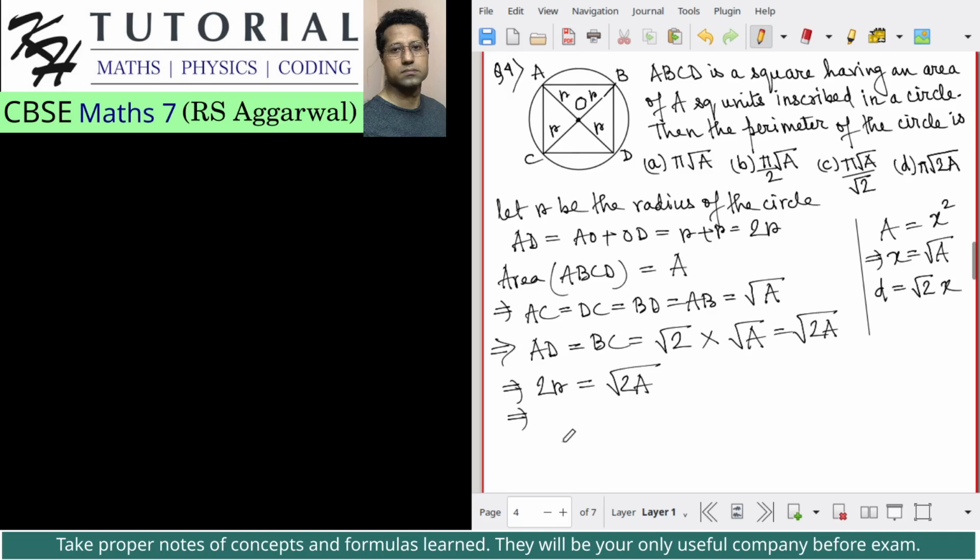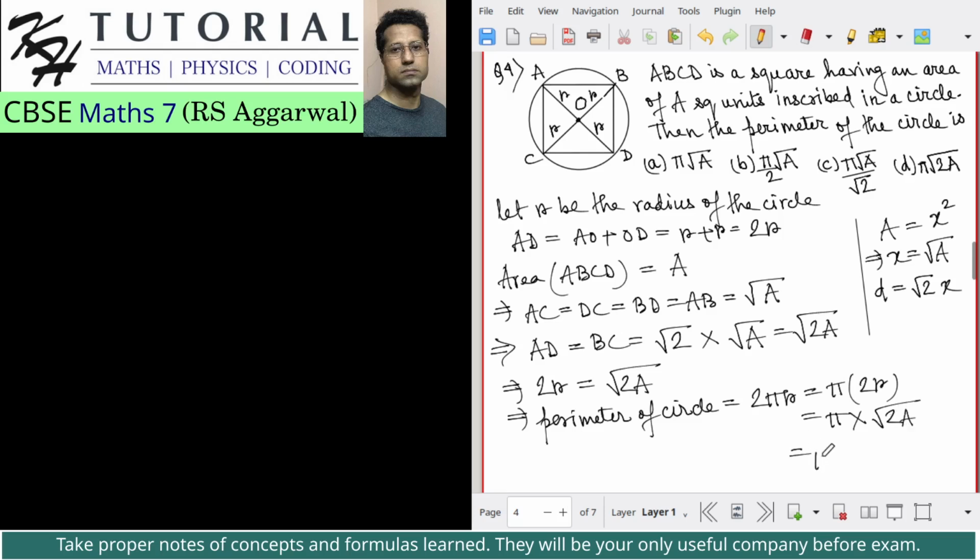So now the question has asked the perimeter of the circle. So we can say that the perimeter of the circle is equal to 2 pi r, which is equal to pi into 2r, and 2r we have found to be equal to square root of 2A.